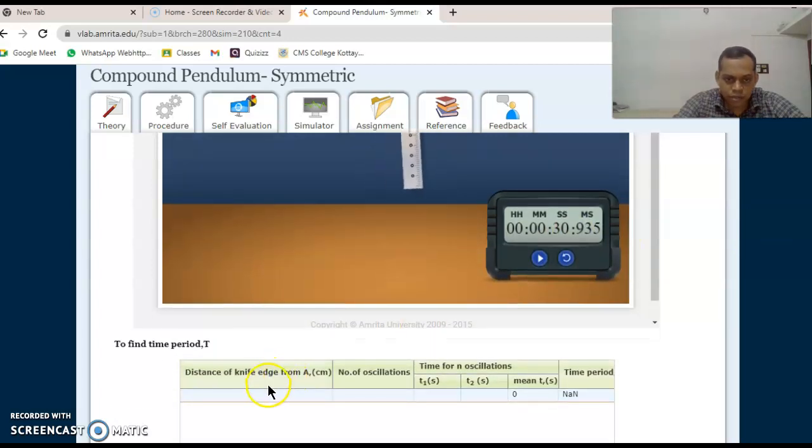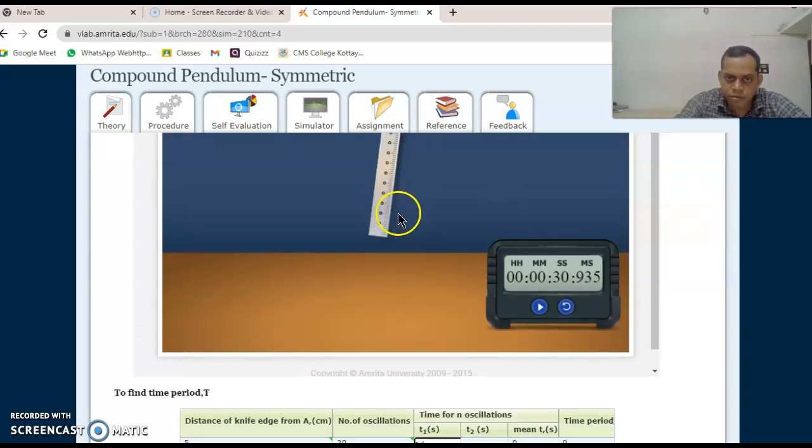So we will write, say, let's take the distance as 5. Number of oscillations is 20. Now we got 30.9, so let's write it as 31. Again, let's do the same experiment. This time let's start from the left.